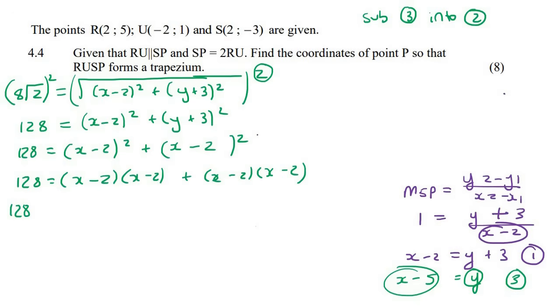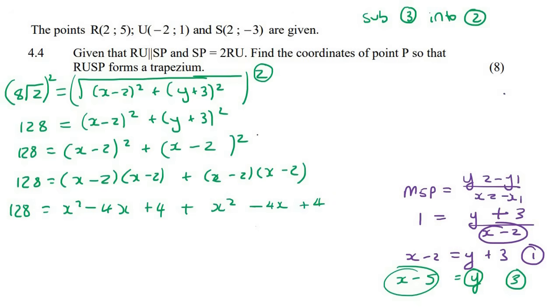So we're going to end up with 128 equals x squared minus 4x plus 4. If you did x squared minus 2x, that would give you minus 4x, and then plus 4. And then x squared minus 2x plus 4 again, so that'll just be minus 4x and then plus 4.